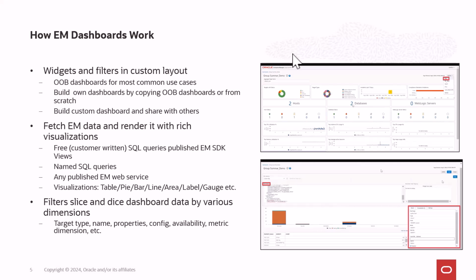We have different kinds of dashboards: out-of-the-box dashboards for the most common use cases for our customers. In the dashboard listing page, any dashboard created by Oracle automatically fetches the data and shows it on the widgets.